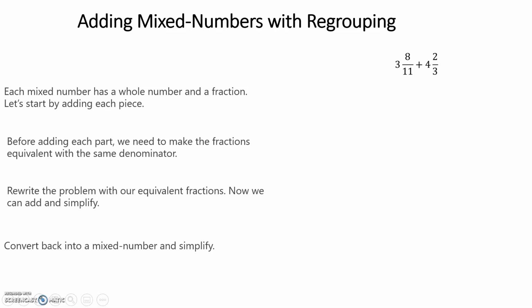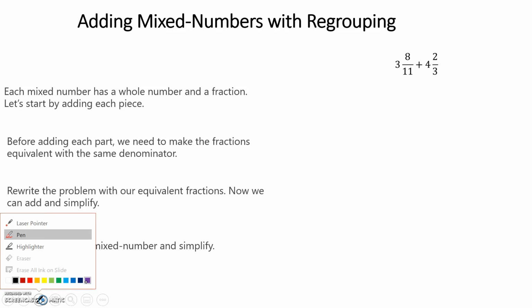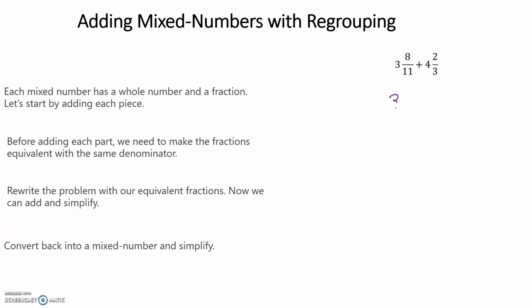All right, so the first thing I'm going to do is rewrite my expression, but I'm going to break it down into parts. So I have two wholes, so I have 3 plus 4.